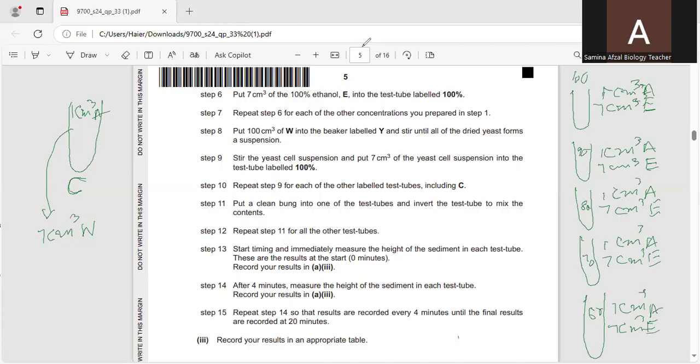In control, we have added water, but in the other concentrations, we have added ethanol. We have not added ethanol into the control experiment.